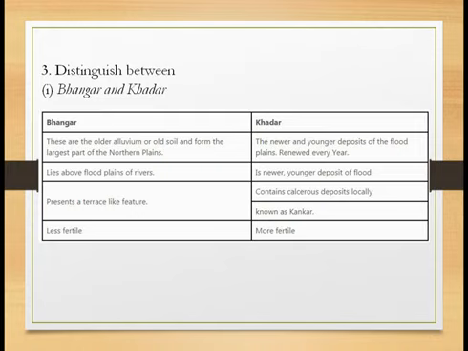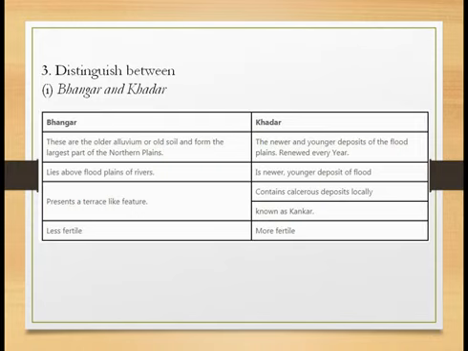First, Bangar and Khadar. Both are alluvial soil. Only one is old and one is new. So Bangar is the old, and Khadar is the new one. Bangar lies above the floodplain of the river.